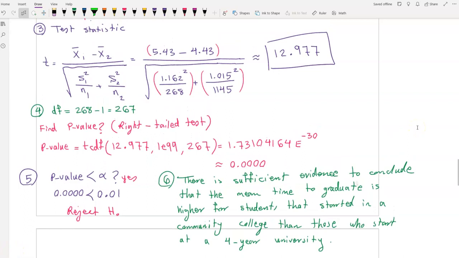In this part, if you try to use stat test, you're going to have exactly the same answer for the p-value because we round it to 4 decimal places and our answer was 0. This is -30, and we may have a different power using the TI-84.